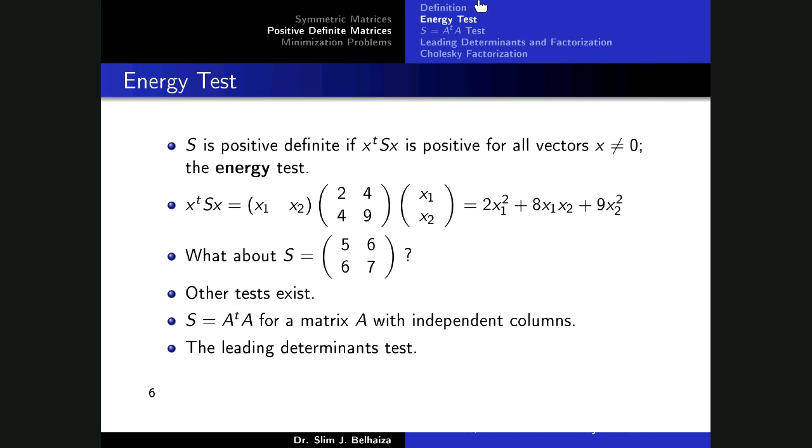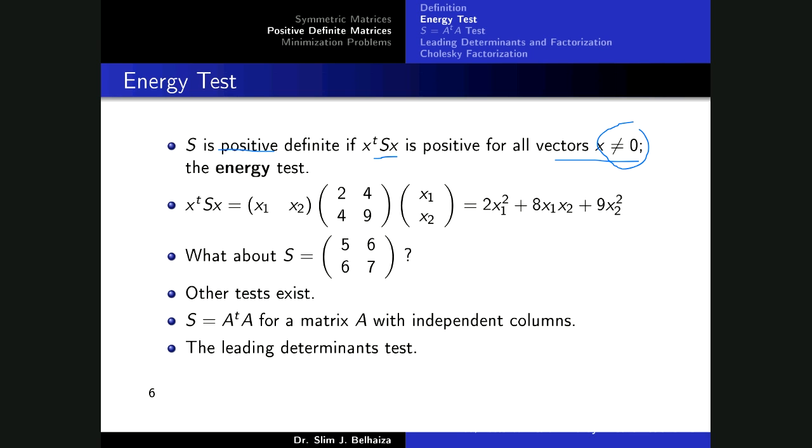Okay, so first of all, let's talk about what we can call the energy test. The energy test identifies positive definite matrices, and we can say that a matrix is positive definite if x transpose S x is positive for all nonzero x.